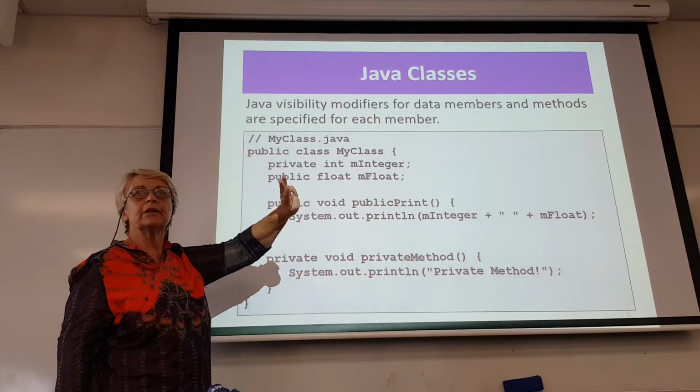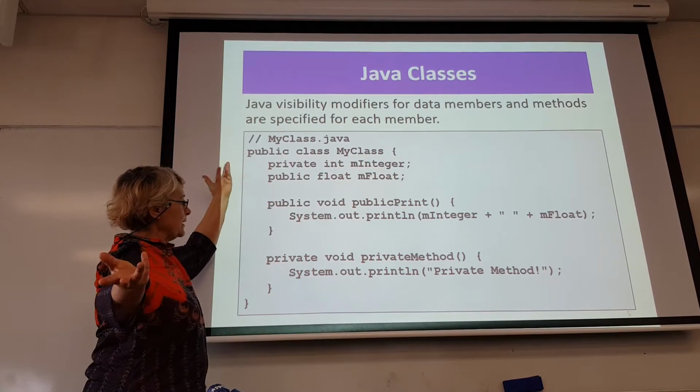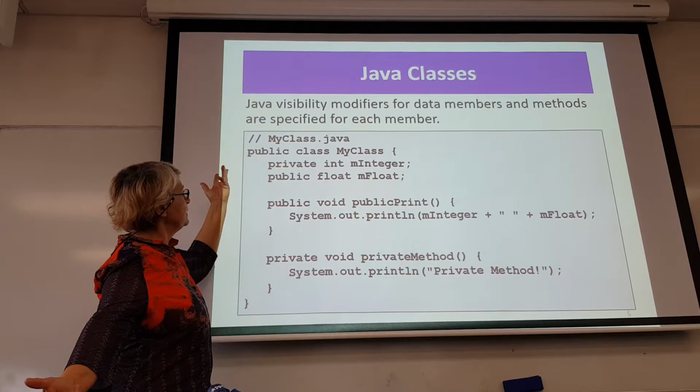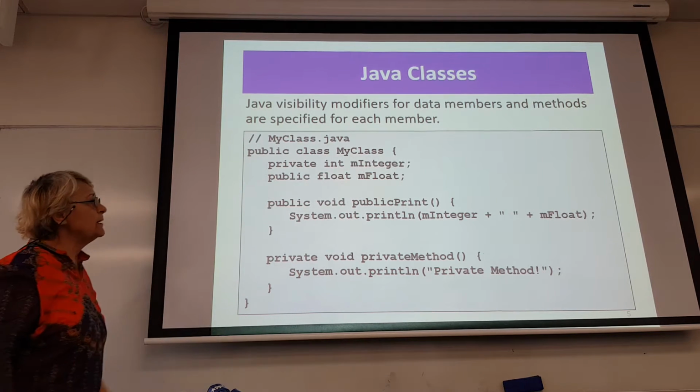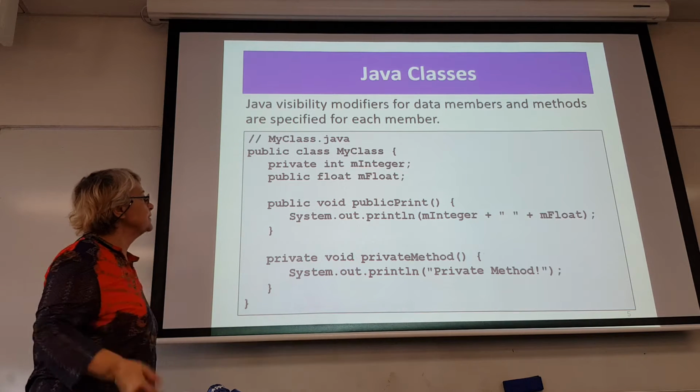There are these three keywords, and they have the same power as we have seen in C++. Whatever is public is available to the outside world, private is available to the class itself. Right. There is no friendship in Java, so private members are available only to the class itself, or derived classes via public methods. Anyway, this is similar.